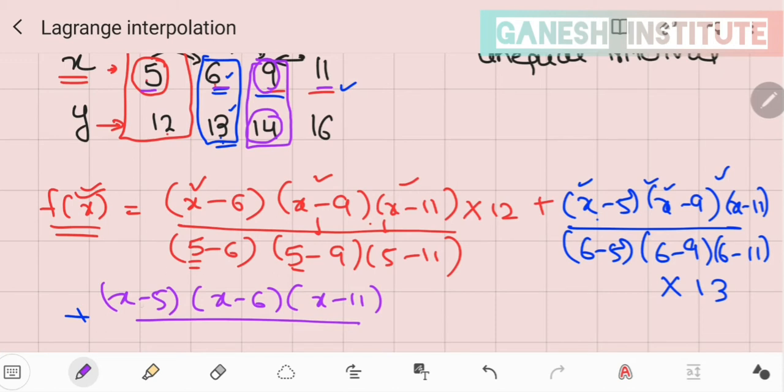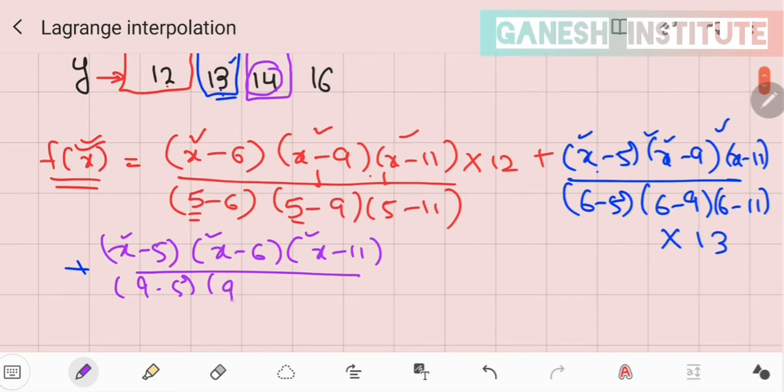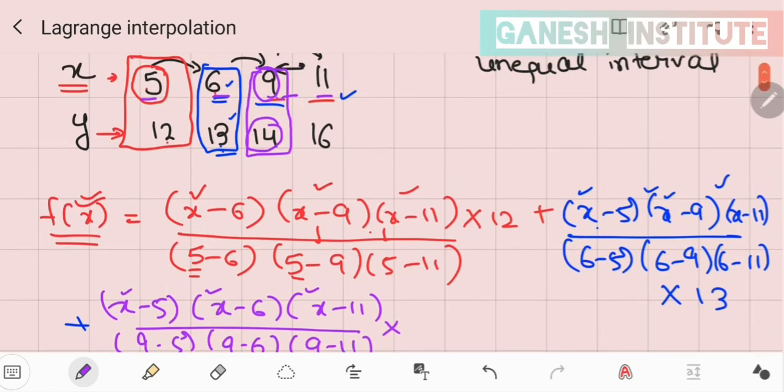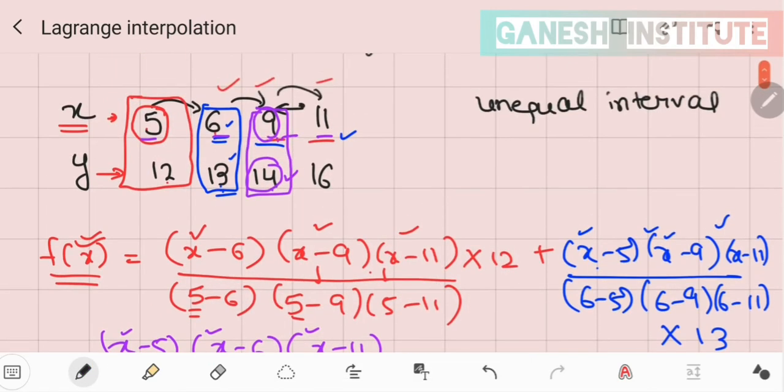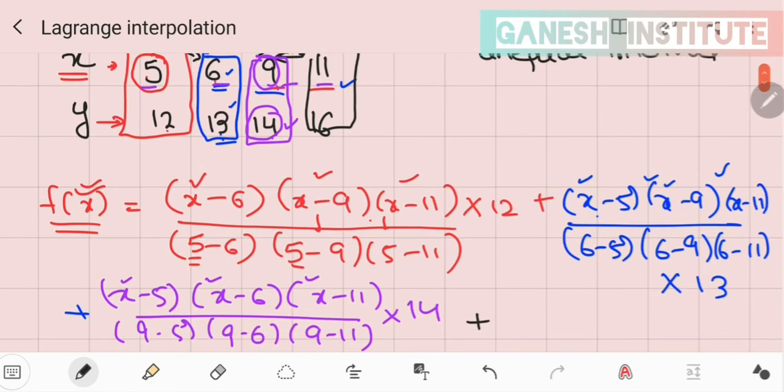In the denominator, substitute in place of x the value which you hid. This x is 9, right? 9 minus 5, 9 minus 6, 9 minus 11. And in multiplication, your frequency for the hidden value is 14, right? Then the last bit: this needs to be hidden.